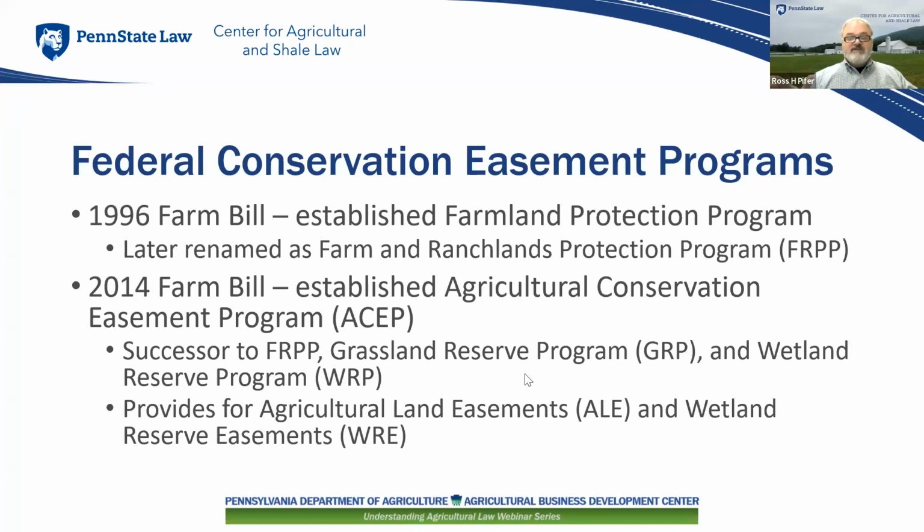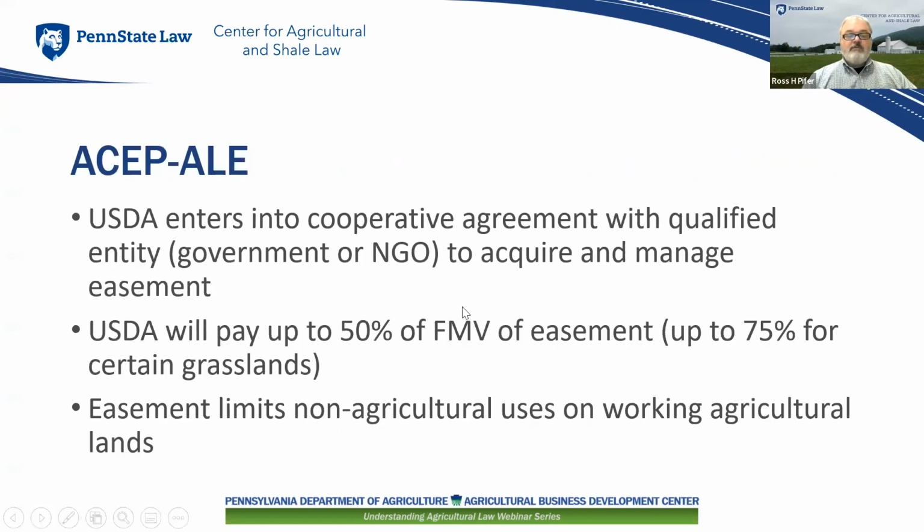So rather than having a variety of easement programs, they were all consolidated under one umbrella. And the way this program works is that USDA works with other entities. It could be a government entity, it could be an NGO, and USDA provides assistance to that partner entity to acquire and manage the easements.